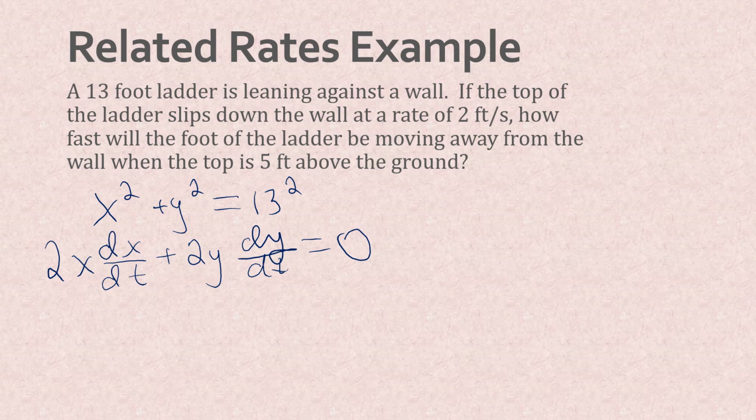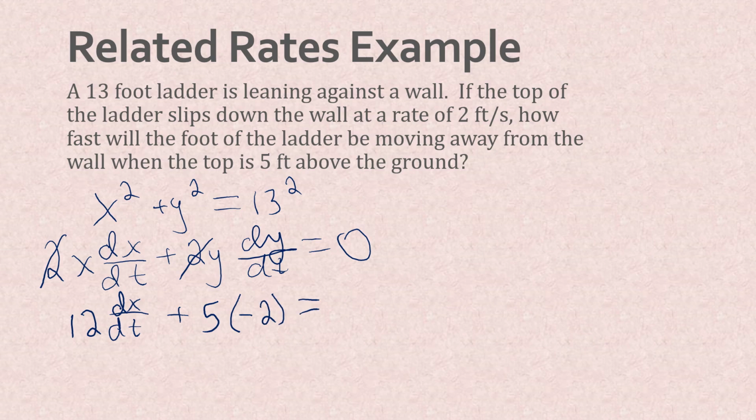Notice that the 2's could cancel because it's set equal to 0 on the other side. If we substitute all the known values, x was 12, dx/dt is what we're looking for, y we were given to be 5, and dy/dt was negative 2.